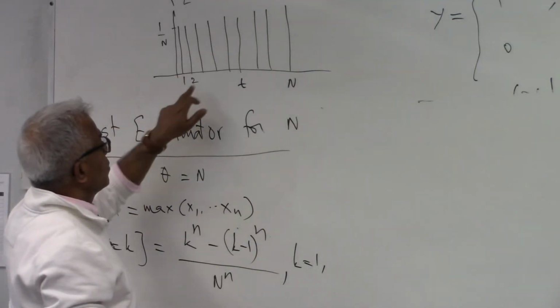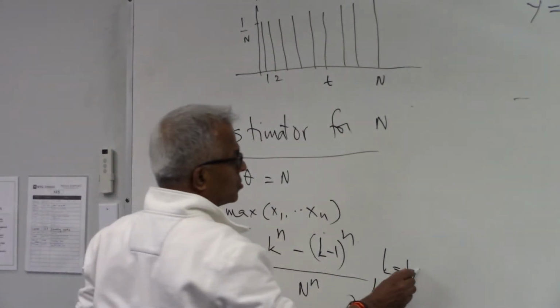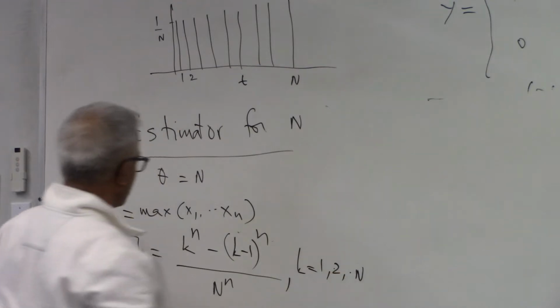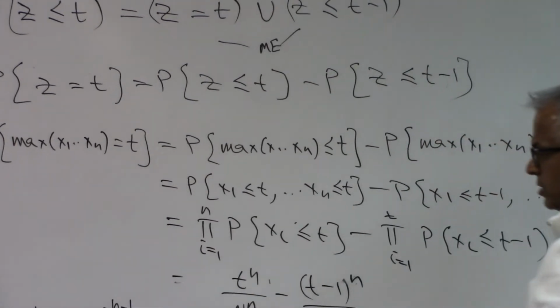Remember, any of these random variables goes from 1 through n, so the maximum also goes through 1, 2, etc., up to n. This is the density function that we derived here. I'm going to erase all this because we are done with this problem.